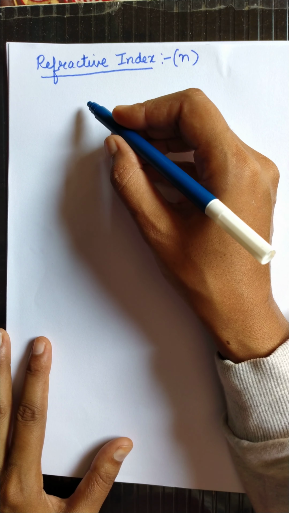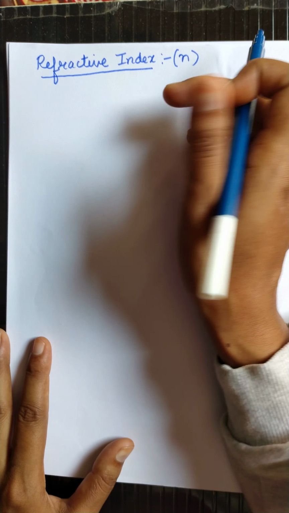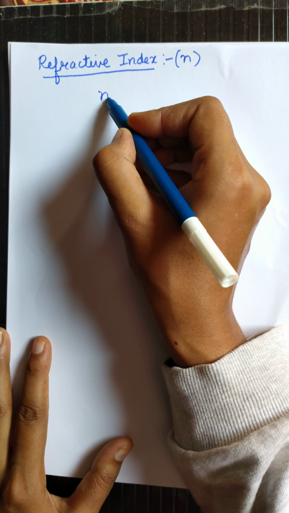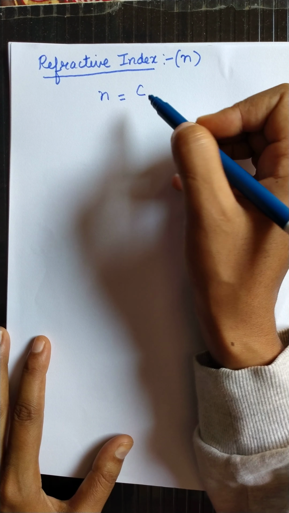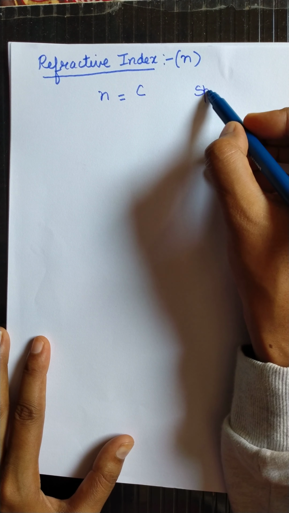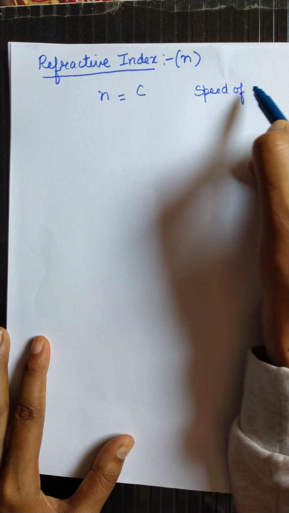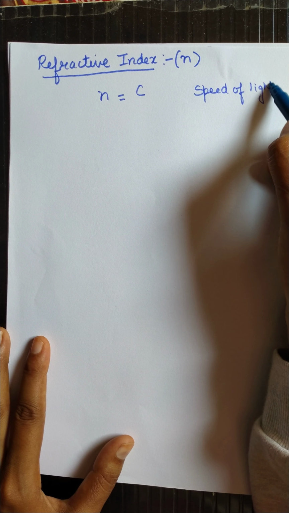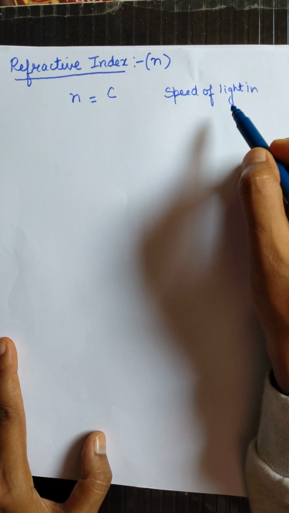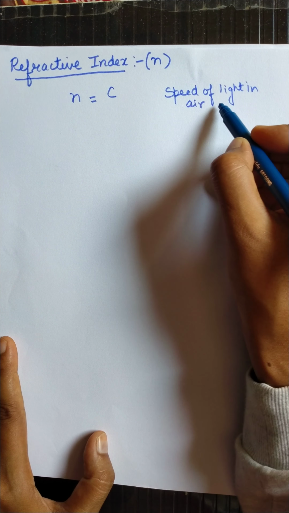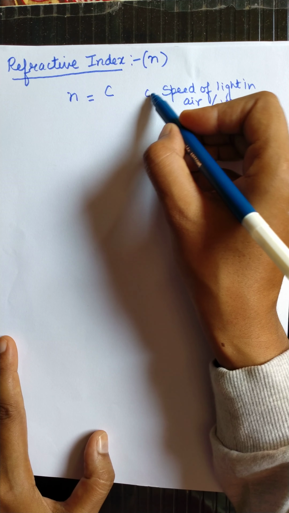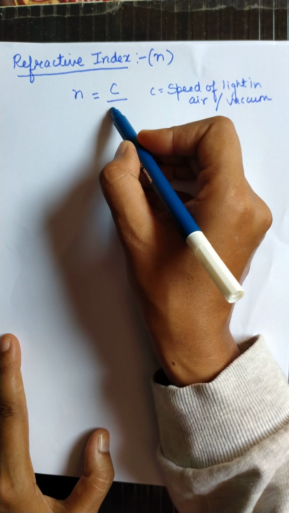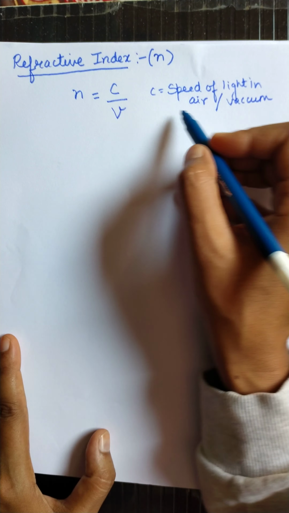We can define it as the ratio of the speed of light in air or vacuum upon the speed of light in the medium.